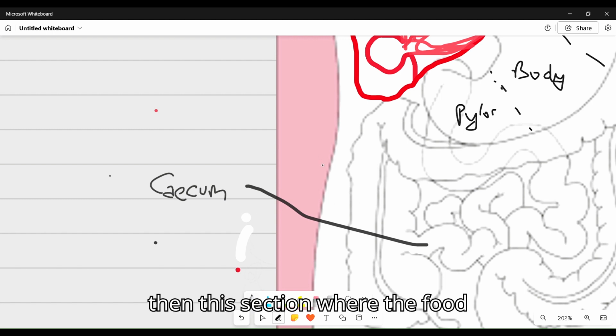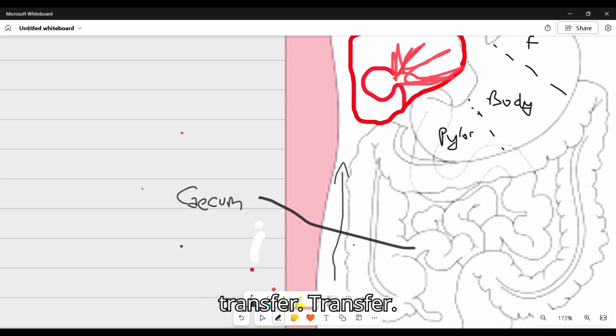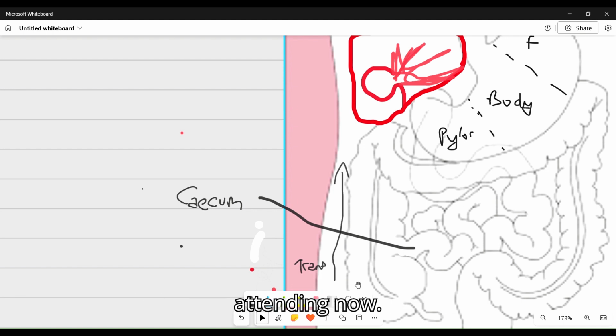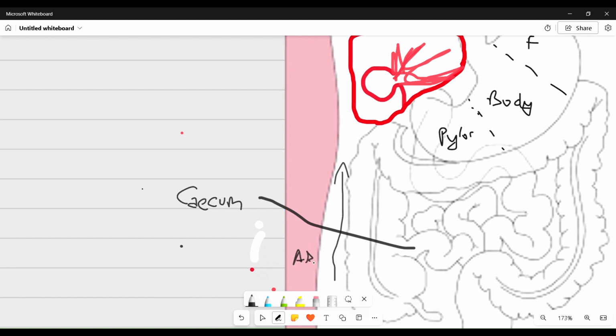Then this section where the food is going up in the large intestine is the ascending column.